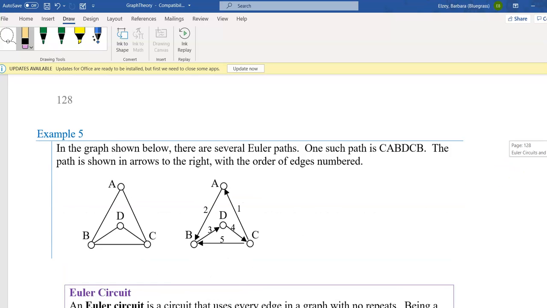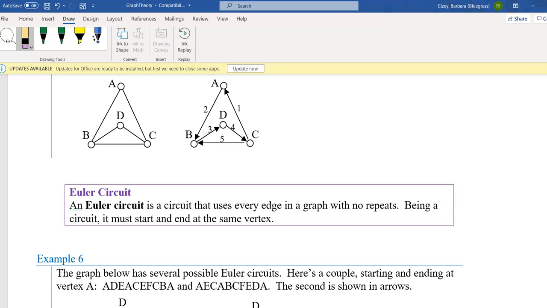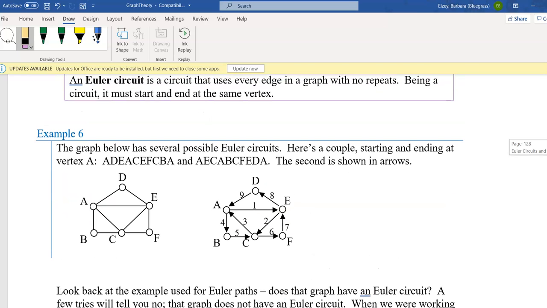An Euler circuit is a circuit that uses every edge in a graph with no repeats, but it starts and ends in the same place. So here's a graph with a circuit. Let's notice that they've actually given us two different circuits.